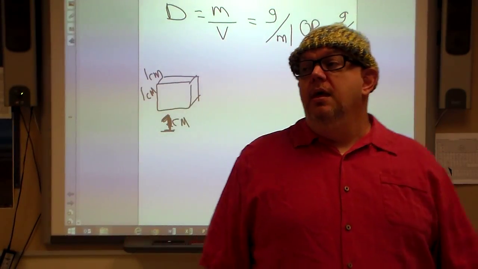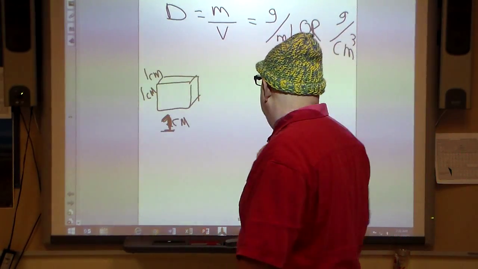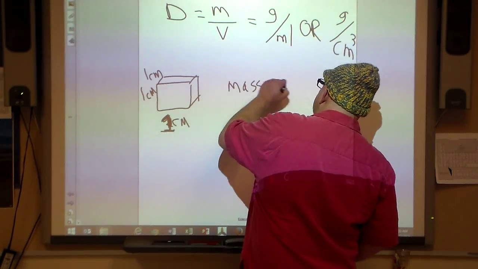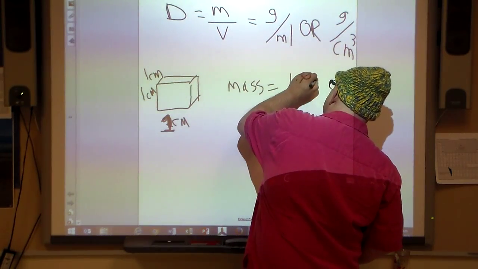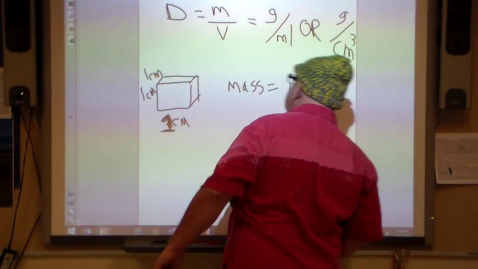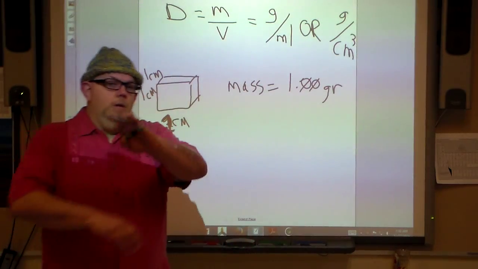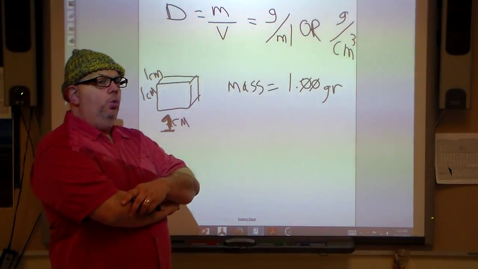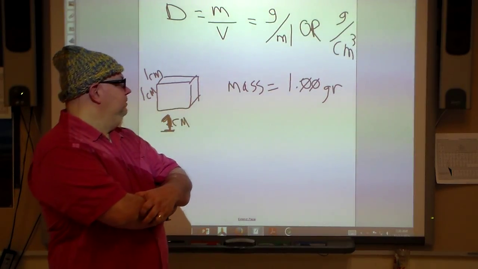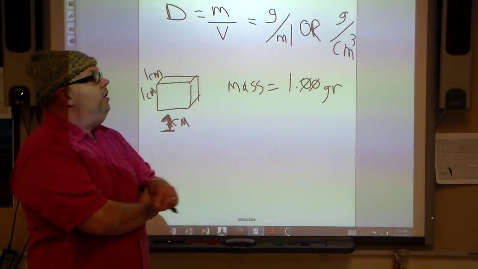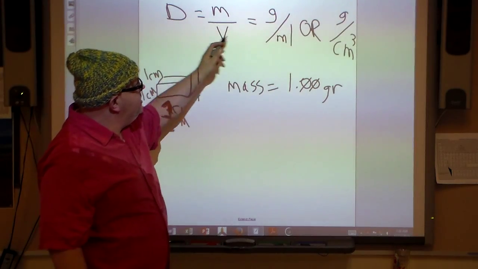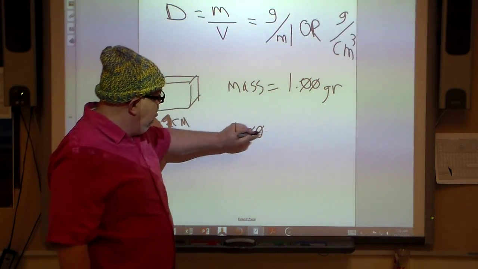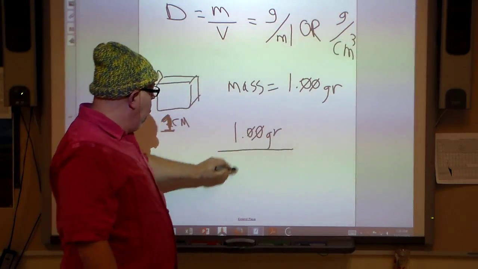Okay. Then I weigh it, and I find that the mass is equal to 1.00 grams. Okay. So, what's our density then? Well, if density is mass over volume, our mass is 1.00 grams over 1.